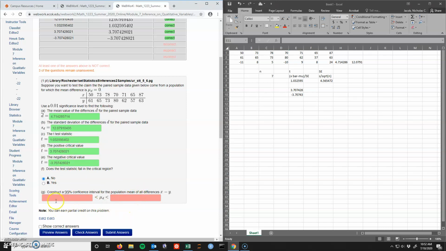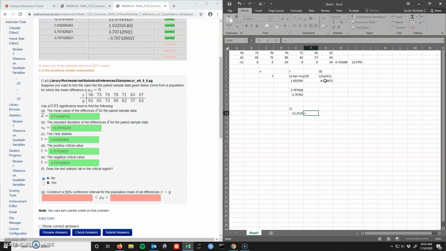All right, so then I want to construct the 99% confidence interval for the population mean of all of the differences. So let's do that. We've got our t value here, our t star, critical values, and so again, our confidence interval, we do the statistic minus the t star this time instead of the z times the SE.